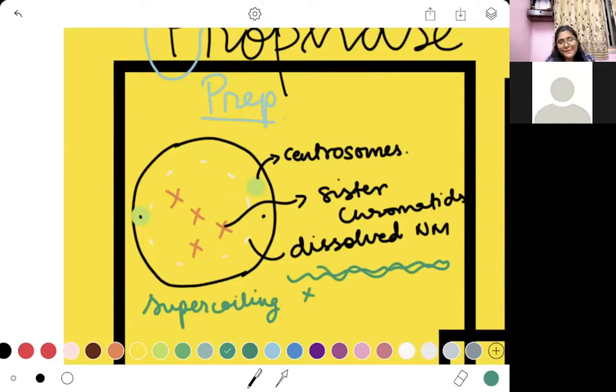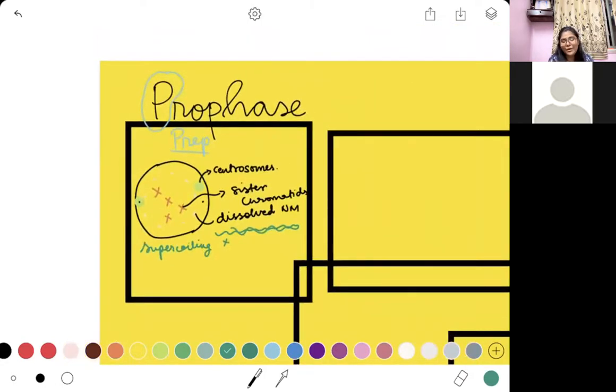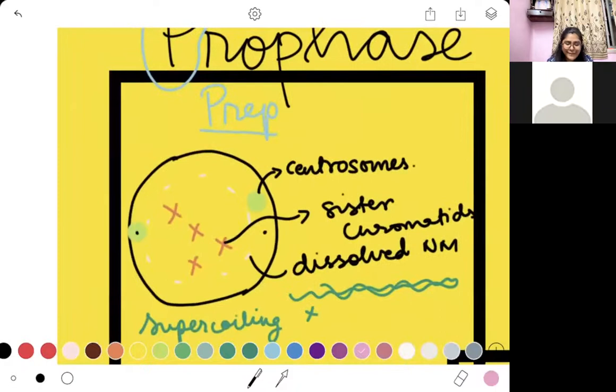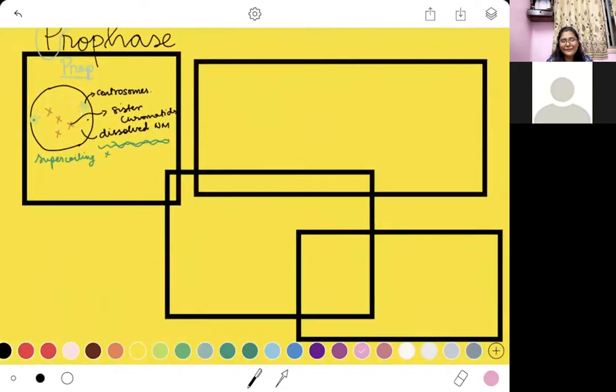Your nuclear membrane has definitely dissolved, and during this event called prophase, what else you're going to be seeing is that these centrosomes are going to start spinning something which is called a spindle fiber. They're going to start making something like this, which is called a spindle fiber.